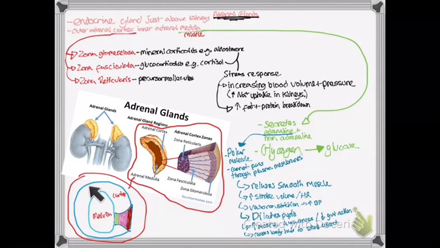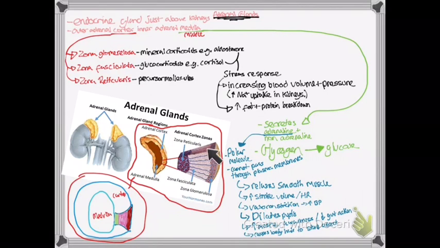So in the blue here, we've got our whole adrenal gland. The inner bit here is our medulla, and outside of that is the cortex. And what this is showing here is a small section cut out of here, and it's got three zones.